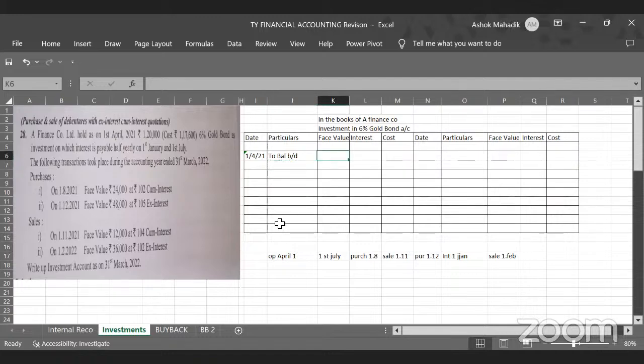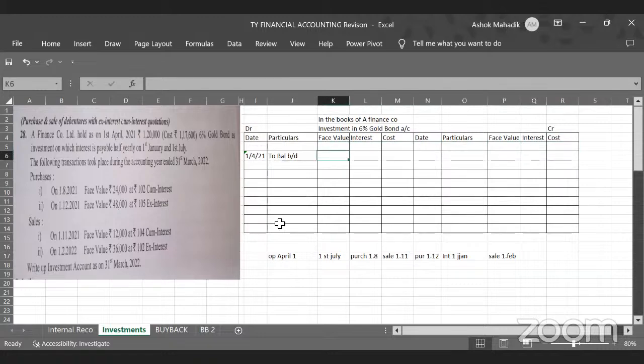Don't put number of shares or any other column. In case of shares, instead of face value, we'll put number of shares, and instead of interest, we'll have a dividend column. And after that, cost column. So again, we have here debit side and credit side. I hope all of you are already aware of this format. We'll start with the sum.